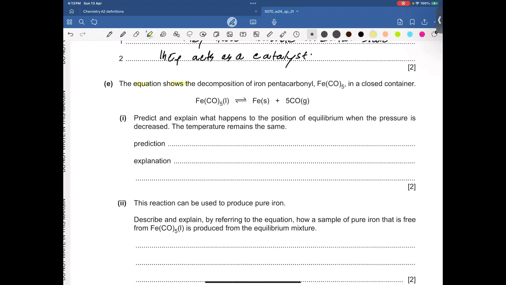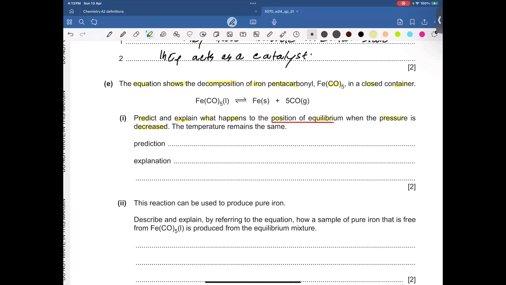the equation shows the decomposition of iron pentacarbonyl in a closed container. If it is a closed container, obviously it needs to be a reversible reaction. The examiner has given the reversible reaction, right? Predict and explain what happens to the position of equilibrium. The examiner is looking for the position of equilibrium when pressure is decreased. So when pressure is decreased, according to my lecture, equilibrium favors the direction where we can have a greater number of moles.